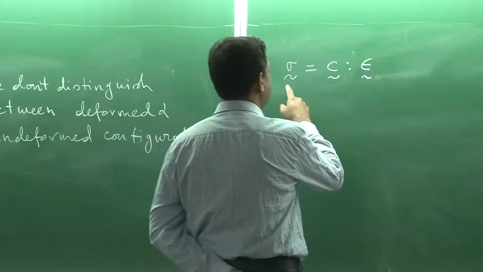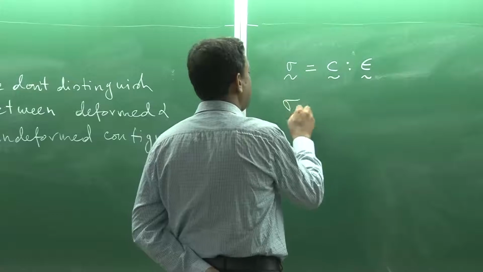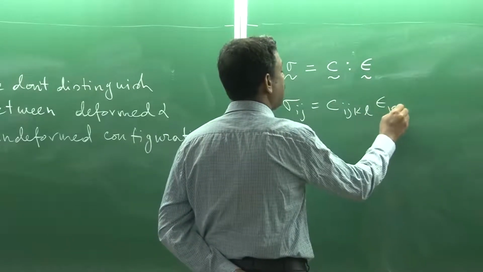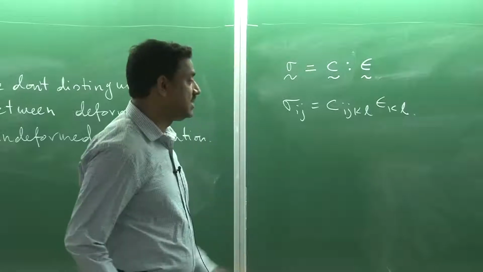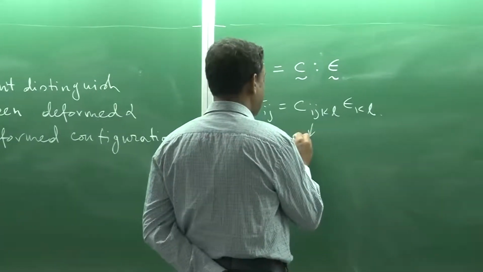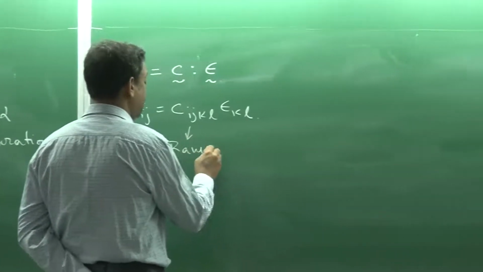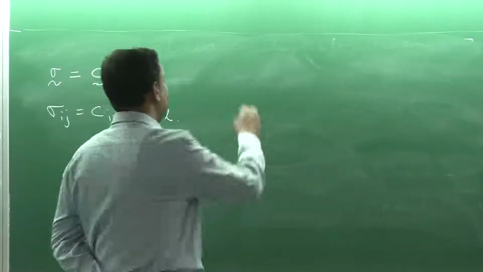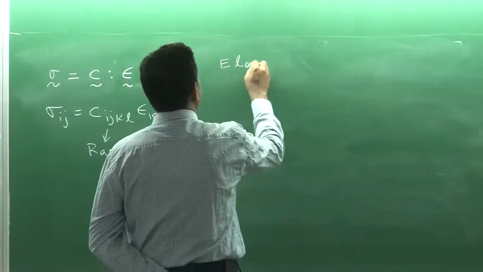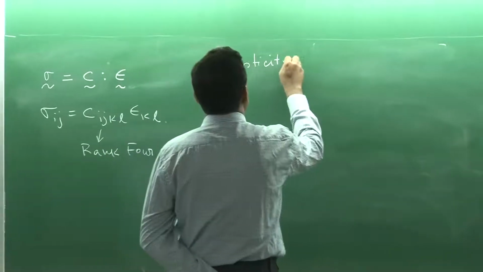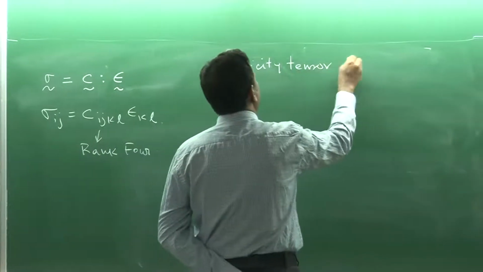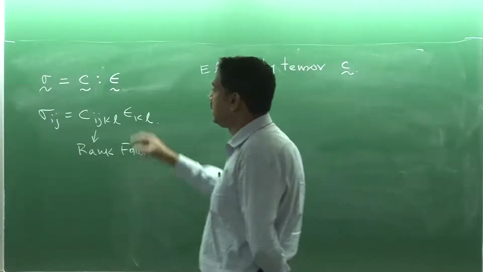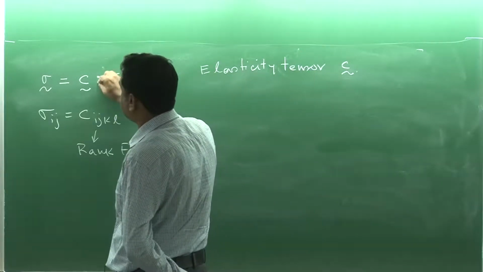Right. So, this is a tensor of rank 4. So, sigma_ij is basically C_ijkl epsilon_kl, so it is a tensor of rank 4. So, the elasticity tensor C has 4 ranks, and this is the contraction operation, you can recall the contraction operation.